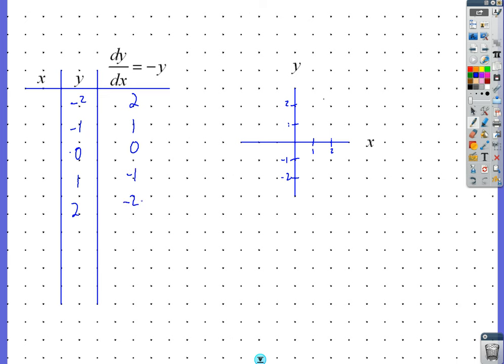So again, what does this look like? Y's are in control. So when I'm at a positive 1, my slope is a negative 1. So it's negative 1, negative 1, negative 1. And when it's at a positive 2, it's at a negative 2. Now, you don't have to be precise, as long as it looks steeper.